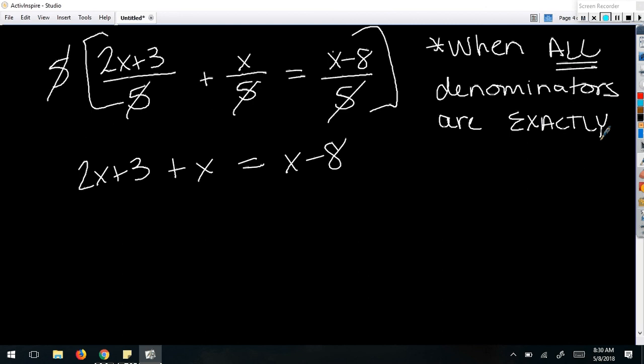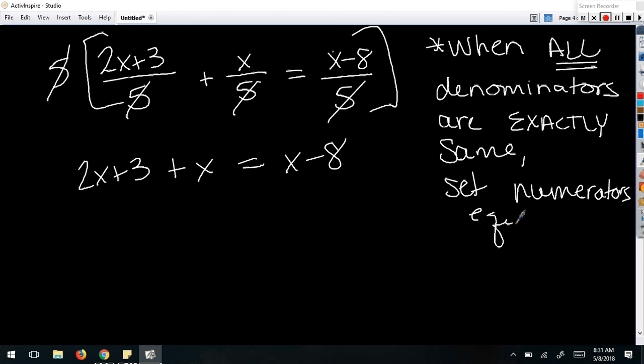And I'm really stressing that because they're not going to be just a number down there, okay? We're going to have to LCD some of these things. Set numerators equal. So then just solve it like normal.